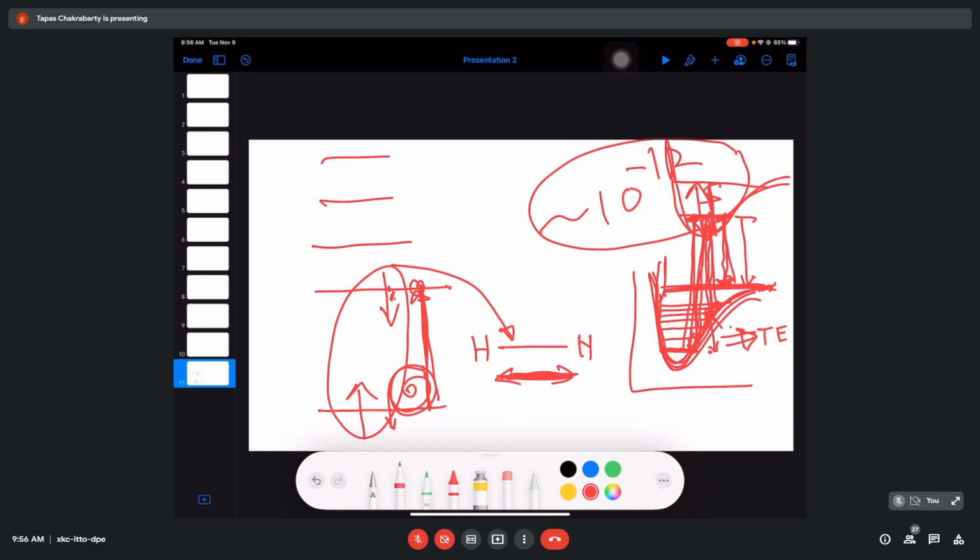And if the geometry change is much more significant, then chemical reactions become much more frequent.